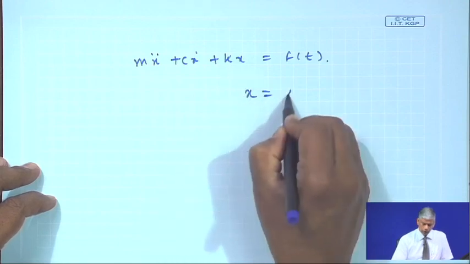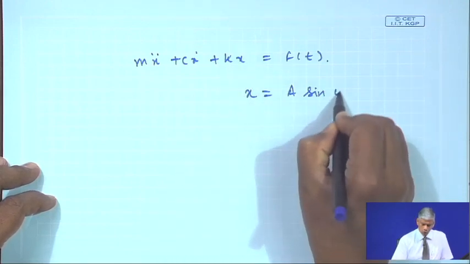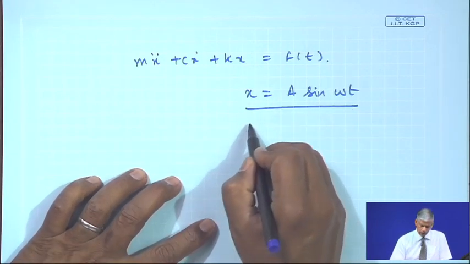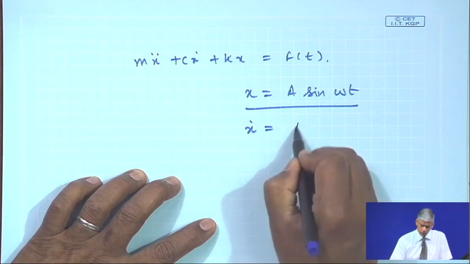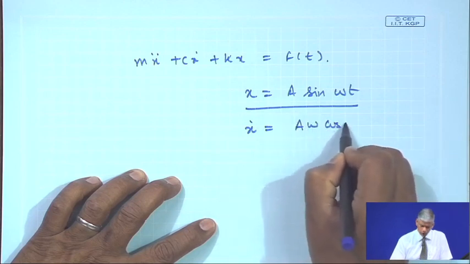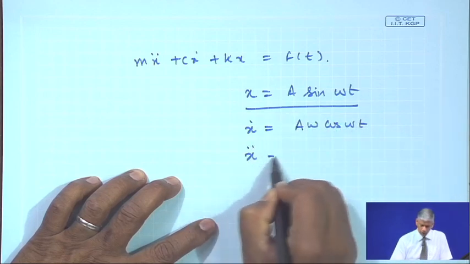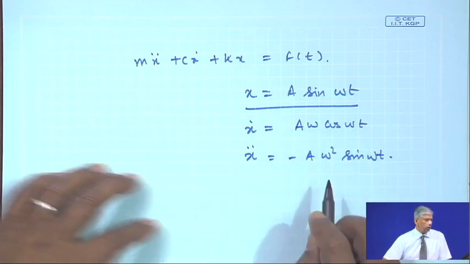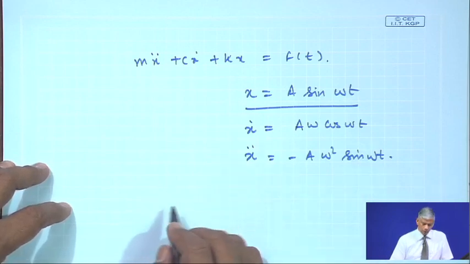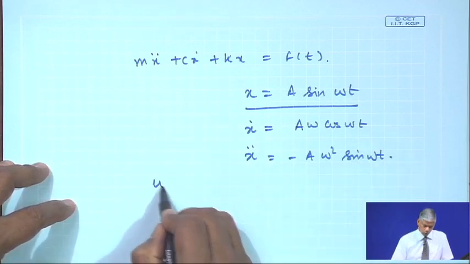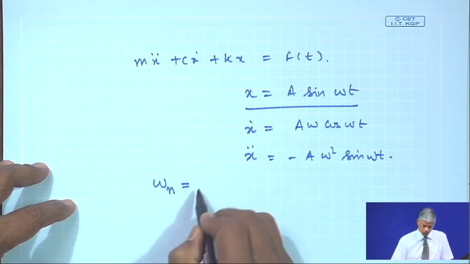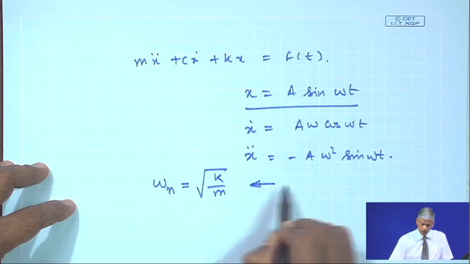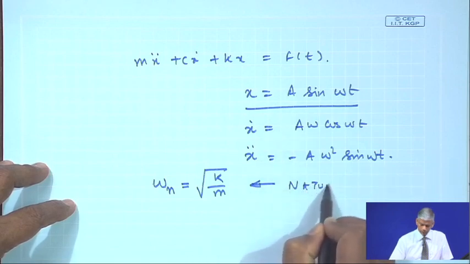So, x is equal to a sin omega t can be a solution, and if I substitute x dot is equal to a omega cosine omega t and x double dot is equal to minus a omega squared sin omega t in the above equation, I will come up with an expression where omega n is equal to root over k by m, which is known as the natural frequency of the system.